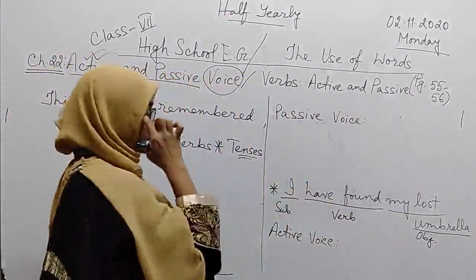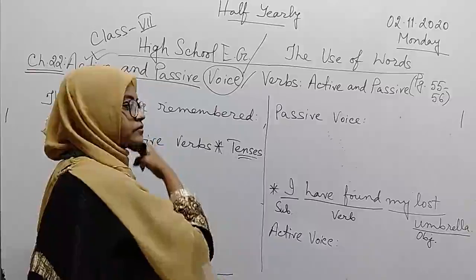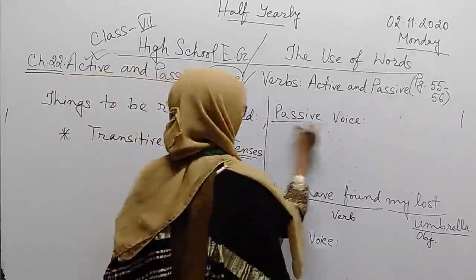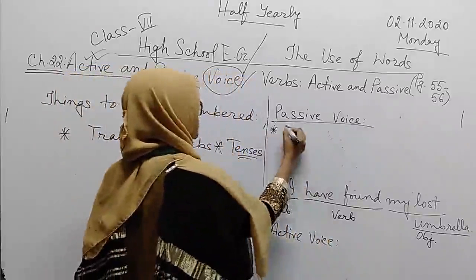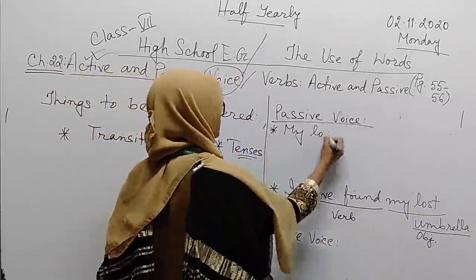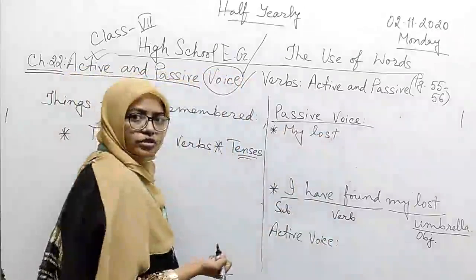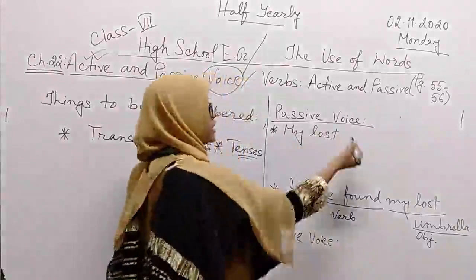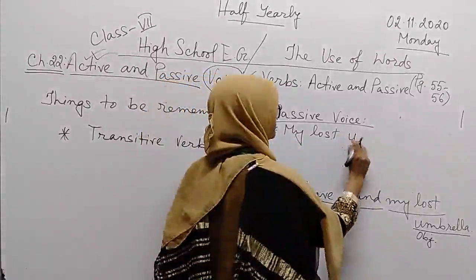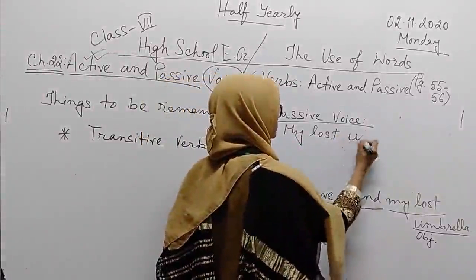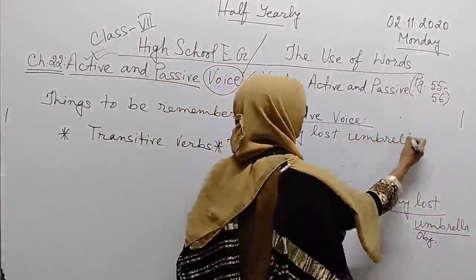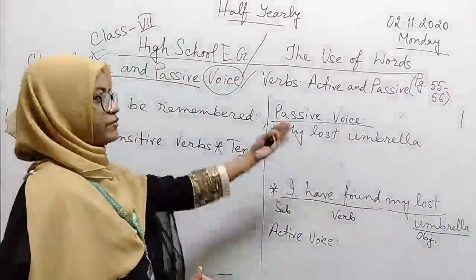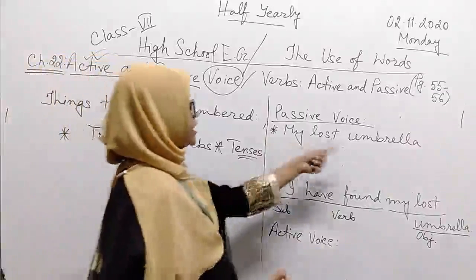So once again, let us write the object as the subject in this case. Can you all see the board? Hope you can. Alright. So my lost umbrella, that is the object which we have turned into subject. So my lost umbrella.